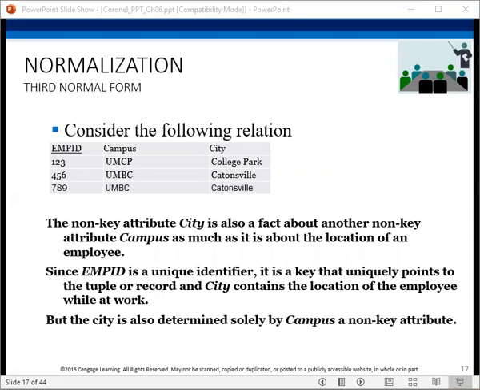If there is a determinant like this, where campus determines city and campus is not a key, then we decompose the table into two tables. The employee table and the campus table might be a good choice.